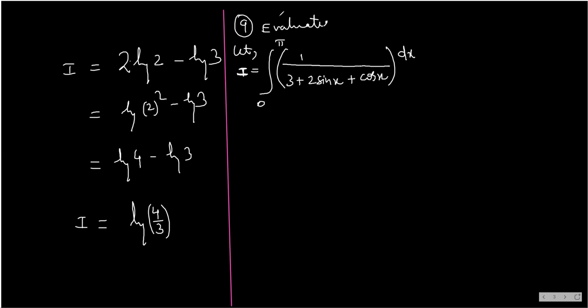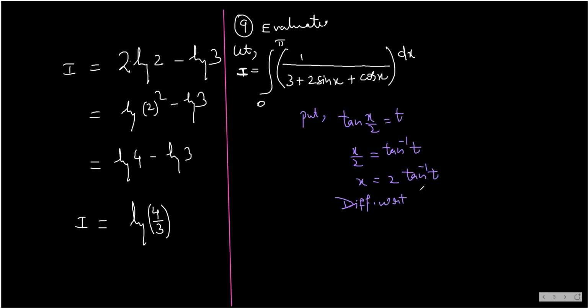Okay, what is the method? I will write here, put tan of x by 2 equals to t. So x upon 2 equals to tan inverse t, and x is 2 times tan inverse t. I will write here, differentiating with respect to t. You can differentiate with respect to either of the variables t or x.